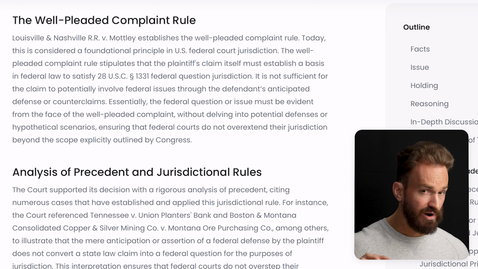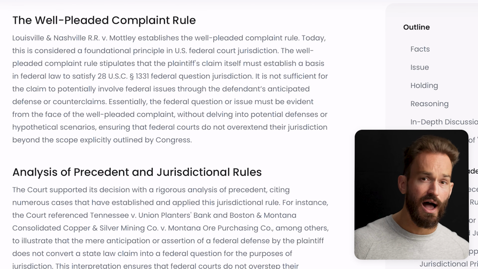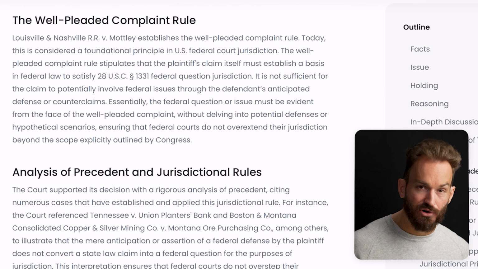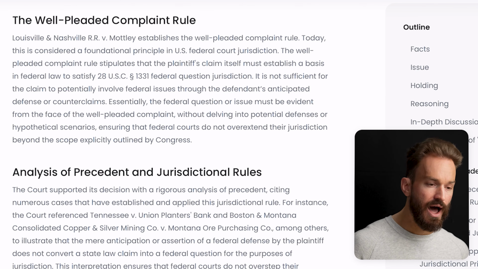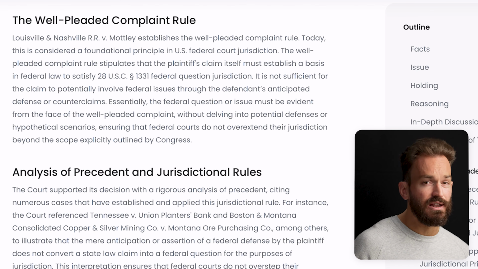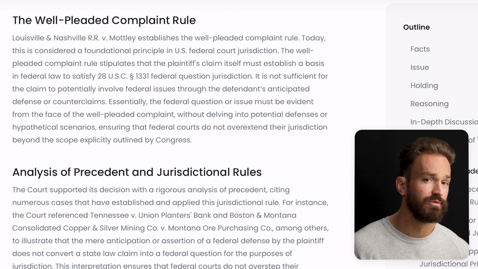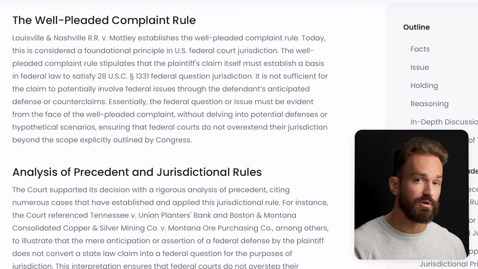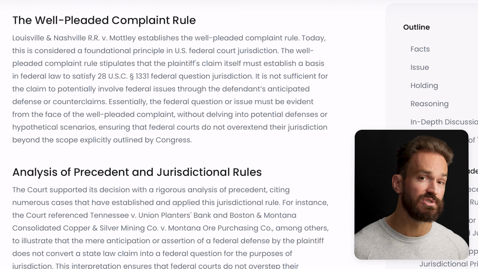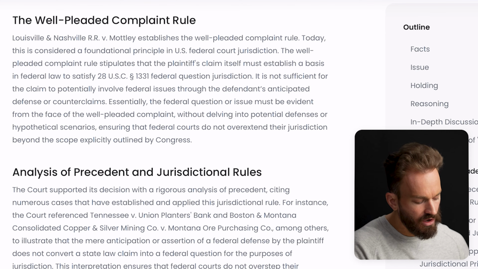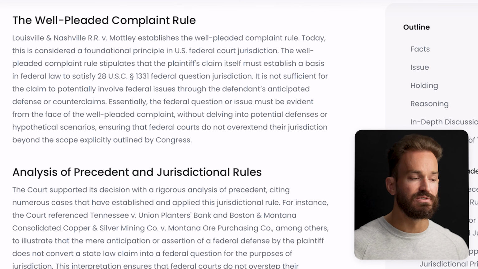If the defendant raises a defense under federal law or not, if the defendant files a counterclaim that arises under federal law or not, we just don't really care what the defendant is doing in the analysis of whether a lawsuit arises under federal law in determining whether a federal court has federal question jurisdiction over a claim. We're only going to look at what the plaintiff is alleging.